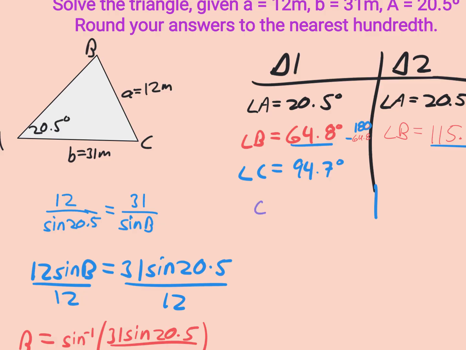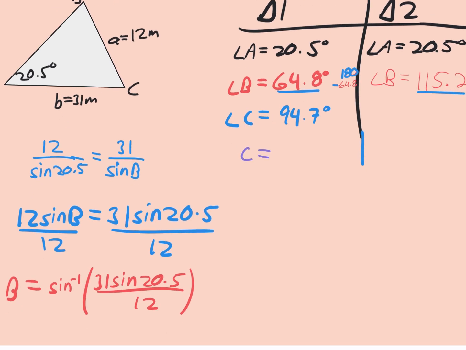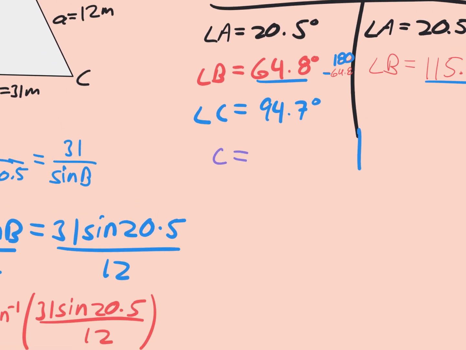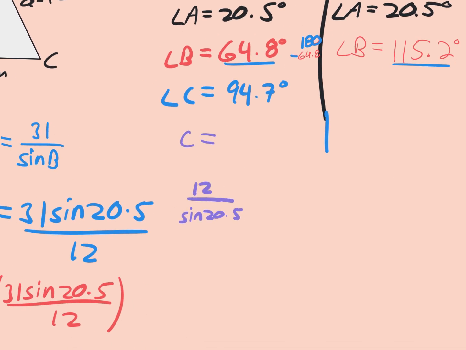Good, the side C. So let's use law of sines using these measurements of this triangle. It doesn't matter which one you do. I can do A. So I'm going to do 12 over sine of 20.5. Oh, that is A. Yeah, okay. Sine of 20.5 equals C over sine of 94.7.